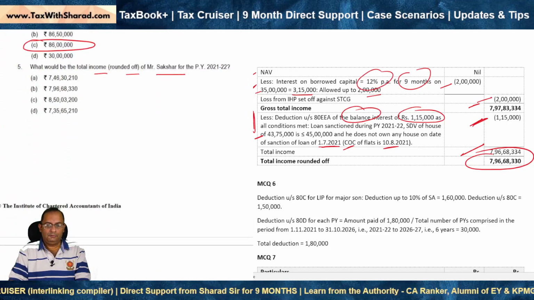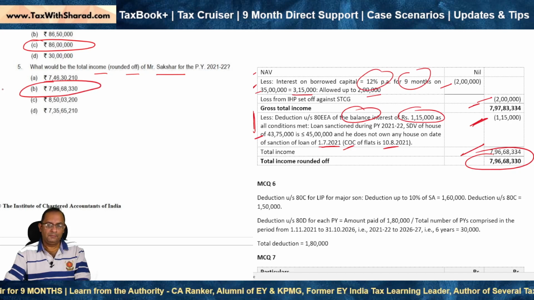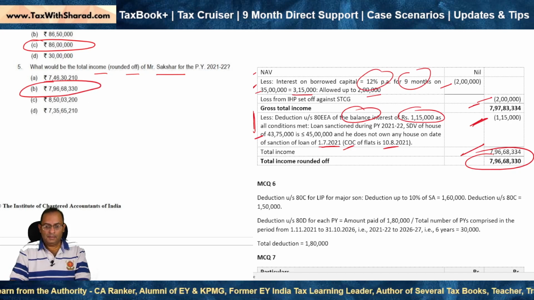Our answer to the fifth question will be 79,668,330. This is the answer to our case scenario MCQs.